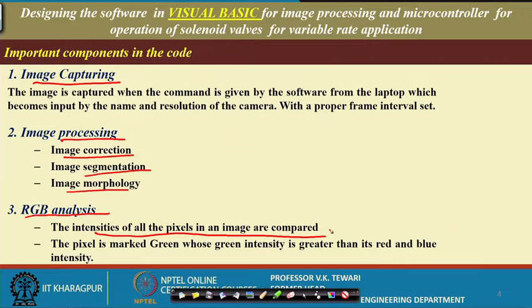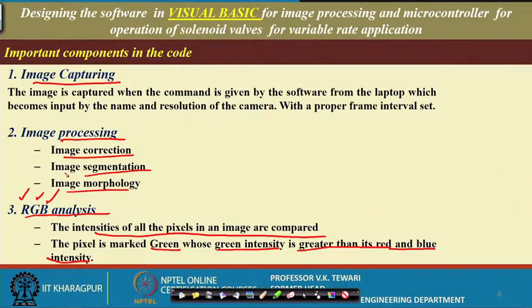For example, a pixel is marked green if its green intensity is greater than the red and blue intensity. So, we are talking of red, green and blue. On the basis of these pixels and the level of intensity, we can identify in a conceptual way.